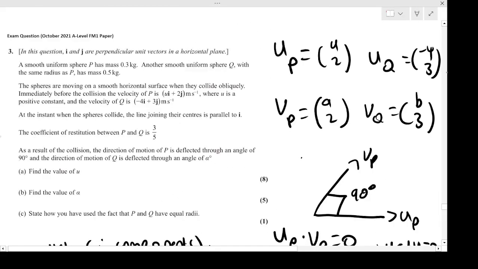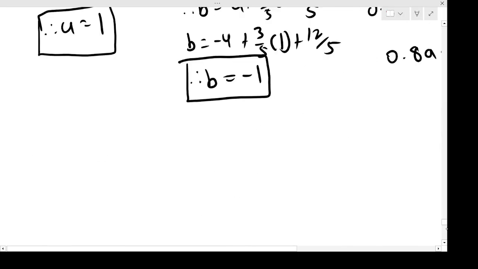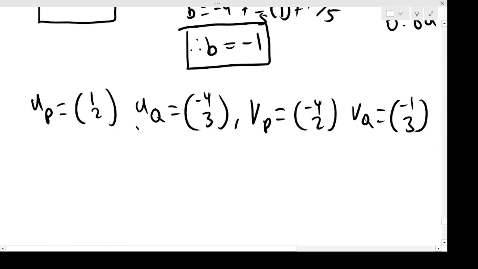Okay, and then part B is asking to find the value of alpha. Now, alpha, as you can see here, is the angle of deflection for Q. Again, I've already gone over that in the previous few questions. The angle of deflection is just going to be the angle between the two velocity vectors. So for Q, it's going to be UQ and VQ.